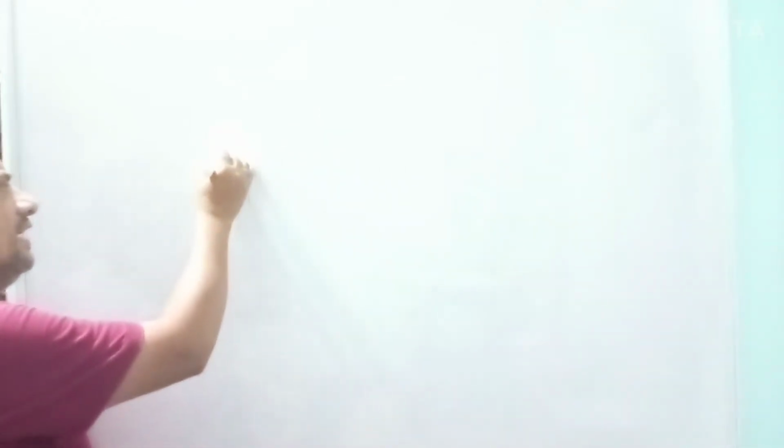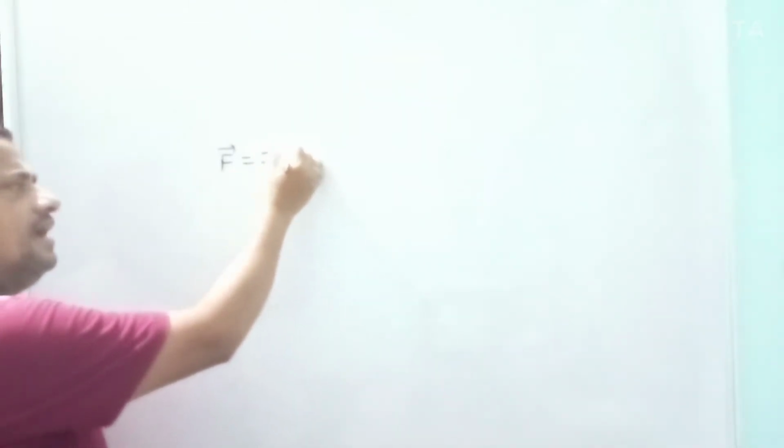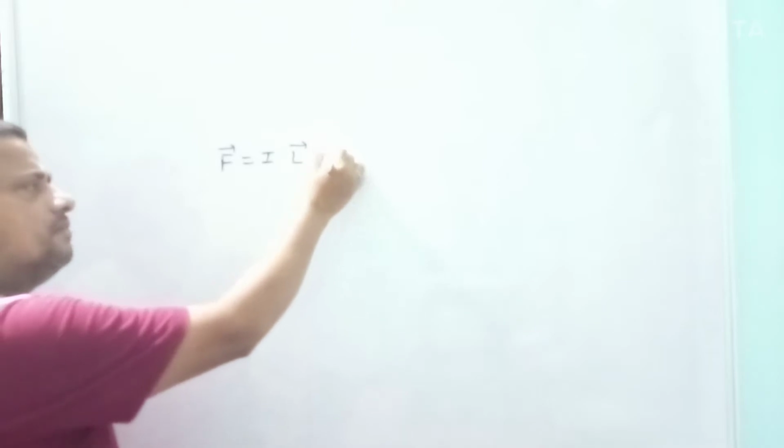Force between two parallel current carrying conductors. Students, in the earlier video you know the force on a current carrying conductor when placed in a uniform magnetic field, that is F is equal to I L vector cross B vector.